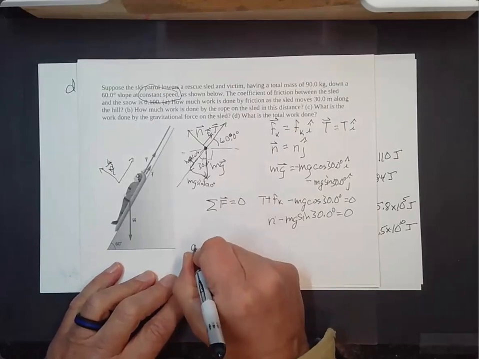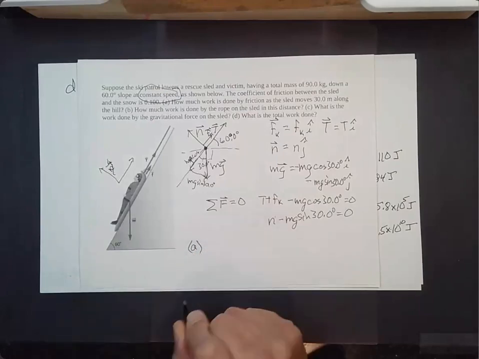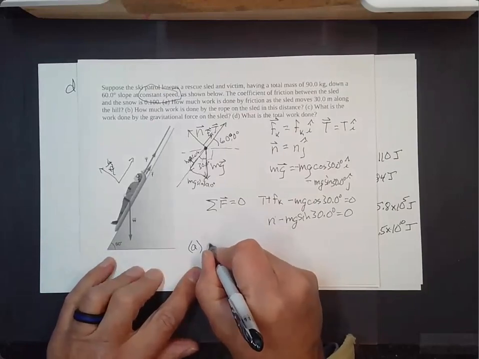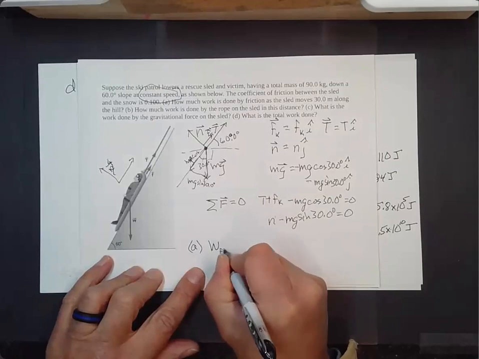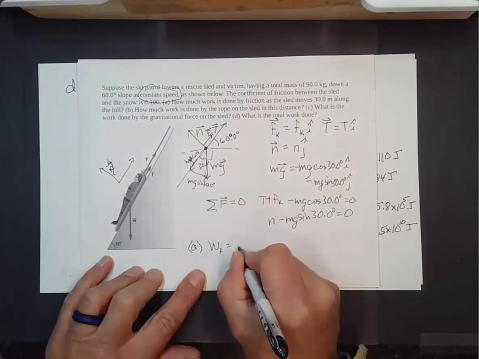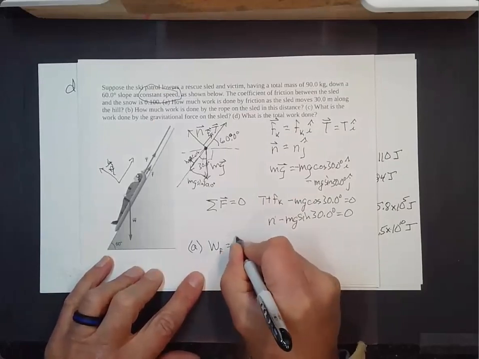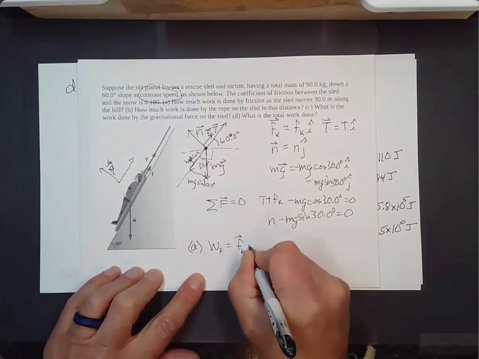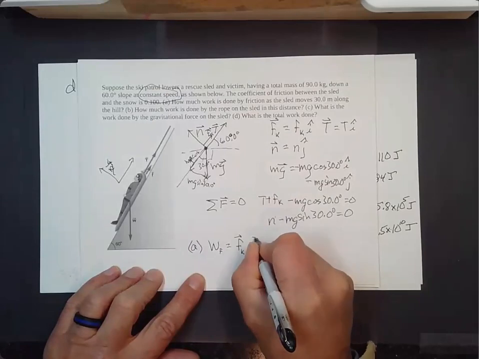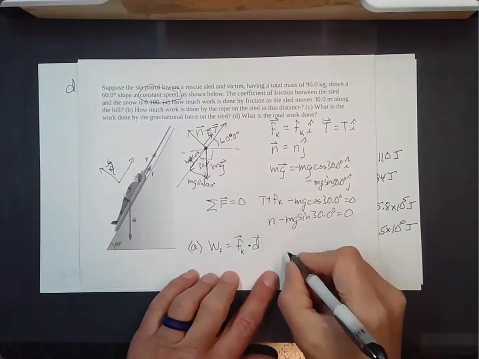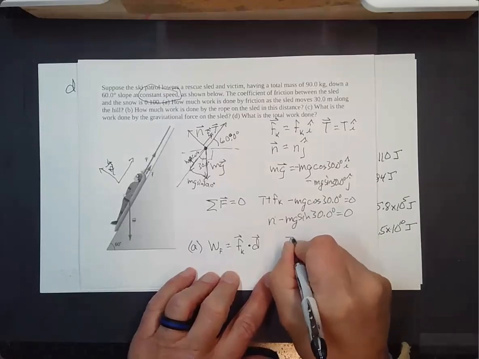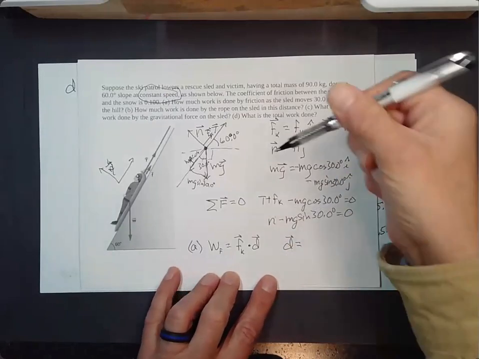So for the first part, the work done by friction is going to be, if I take the frictional force, F sub K, and dot it with the displacement, which we didn't write down yet, the displacement in this case is down the hill.